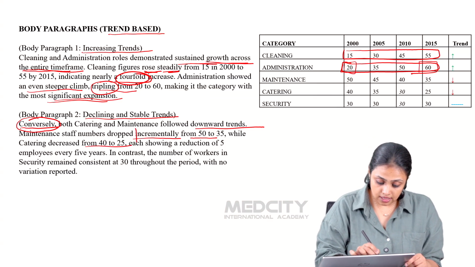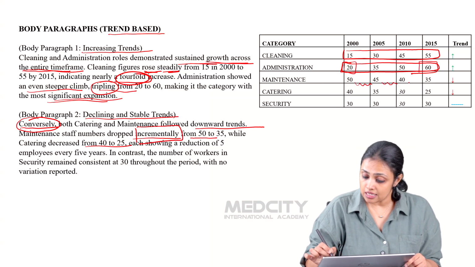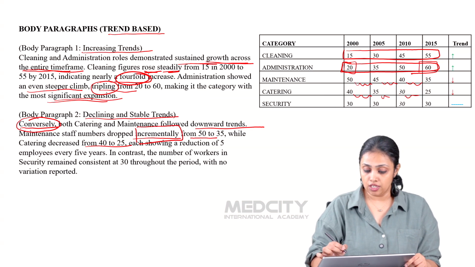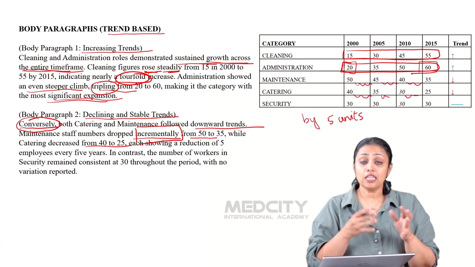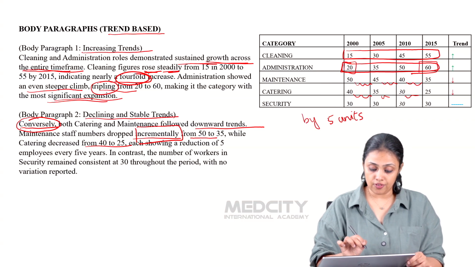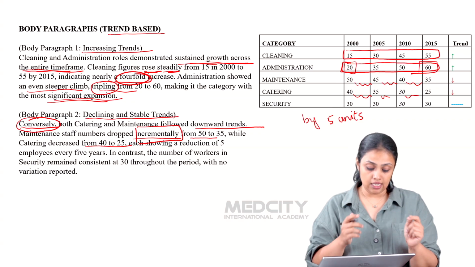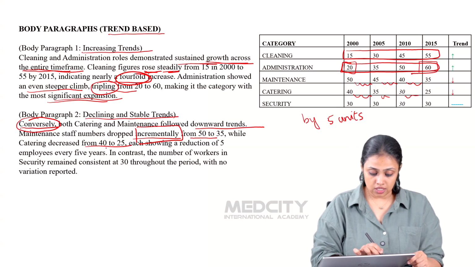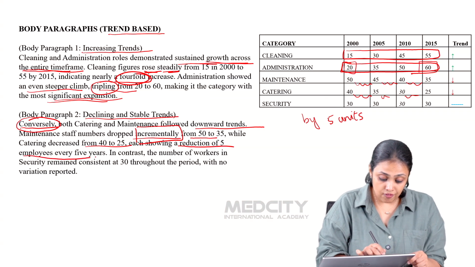Now, why did I use the word incrementally? Because it is a step-by-step reduction, both in case of maintenance and catering, by a step of 5 units. It has decreased. So we have used the word incrementally from 50 to 35, which means step by step or a steady decrease, while catering decreased from 40 to 25, each showing a reduction of 5 employees every 5 years.